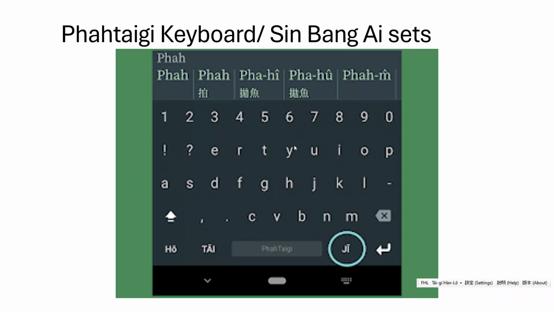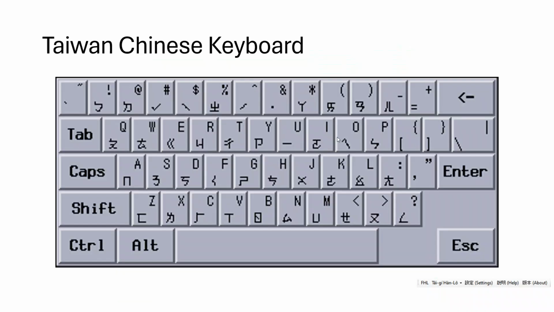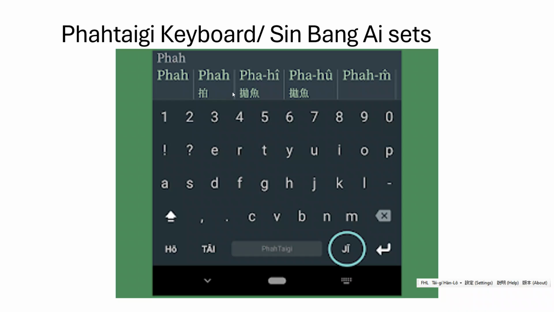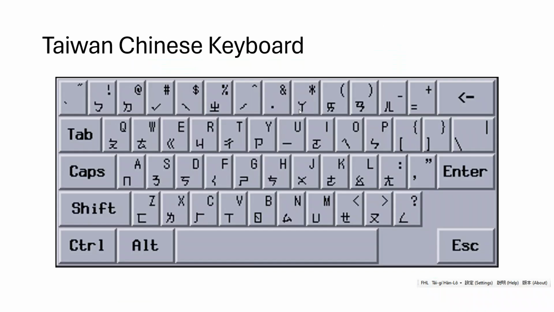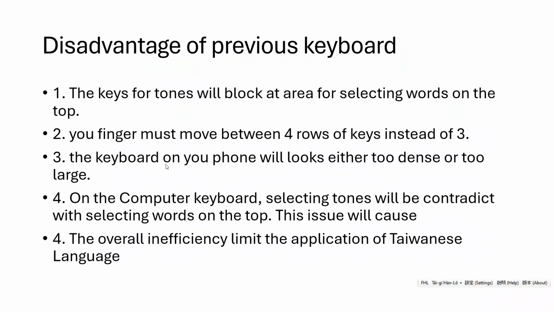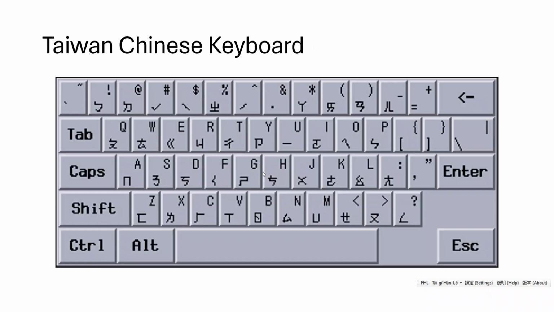So the overall efficiency will be slowed down because you waste a lot of time moving your fingers. And the keyboard on your phone will look either too dense or too large, depending on the size of your phone.